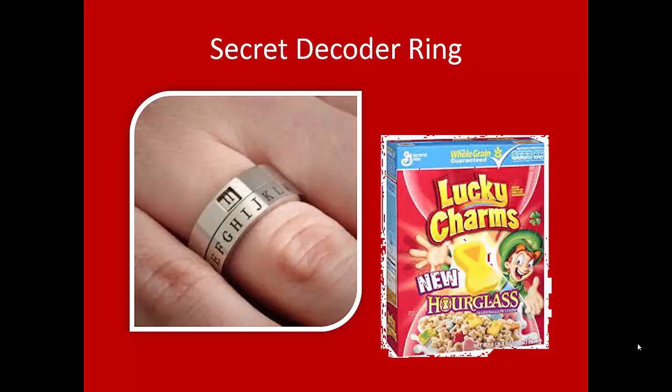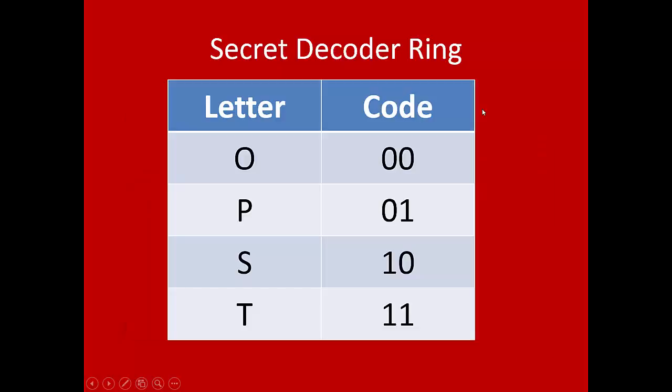In this example, the letter I looks like the number 11, so anytime there's the number 11, someone on your spy team or in your club could look at their decoder ring and say, oh, he actually means the letter I. Have that in mind, and with that in mind, look at this example of a coding scheme that I want you to think about.